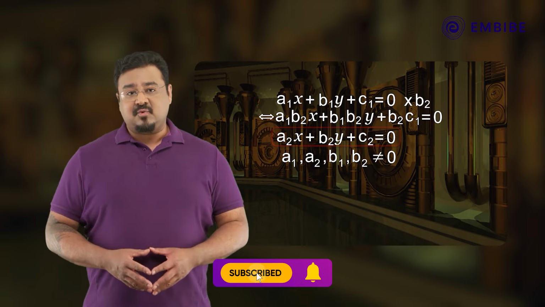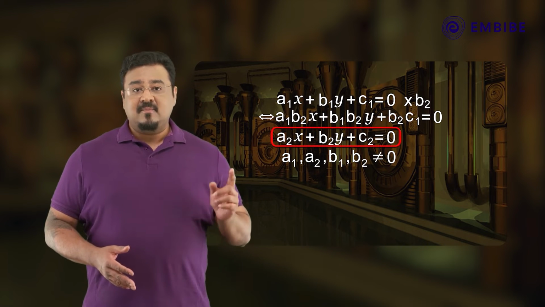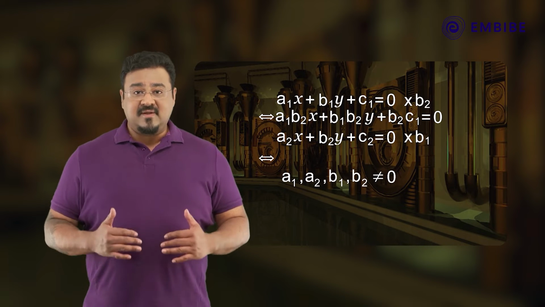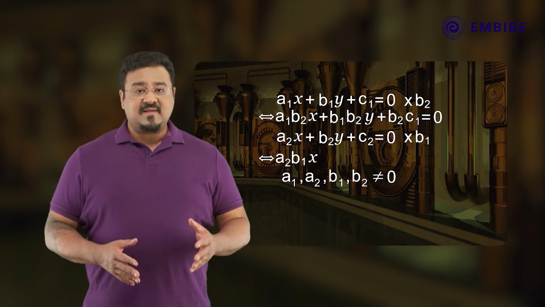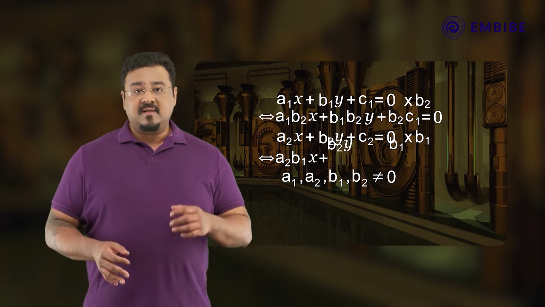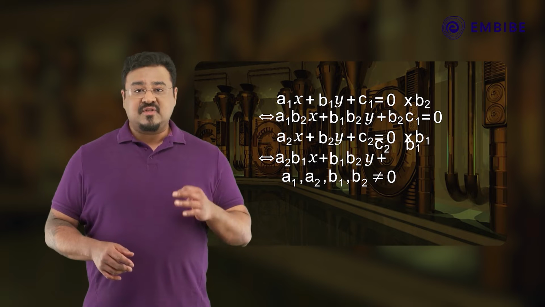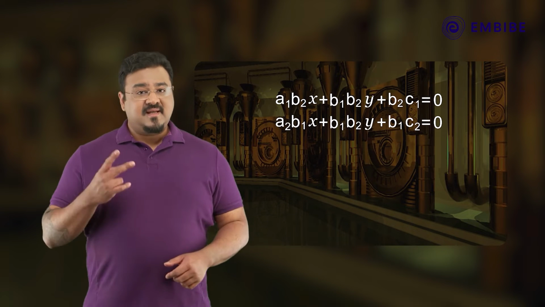Also, multiplying the equation a2x + b2y + c2 = 0 by b1, we get a2b1x + b1b2y + b1c2 = 0. This is equation 2.